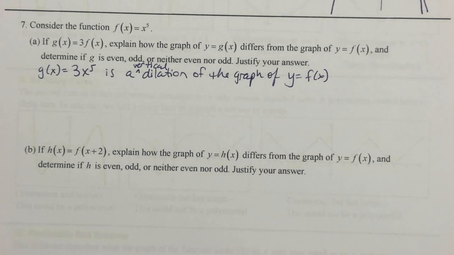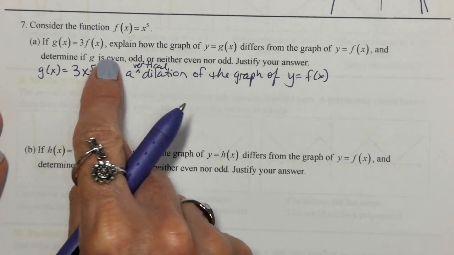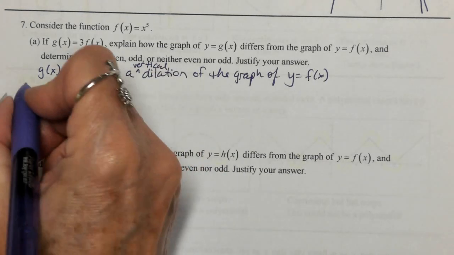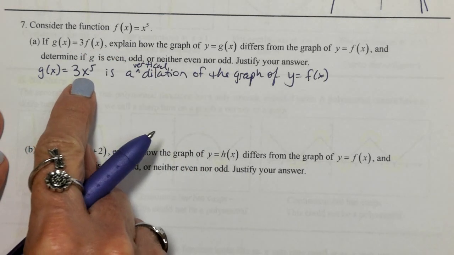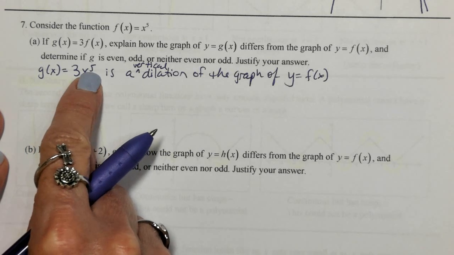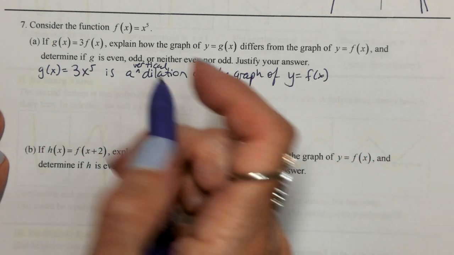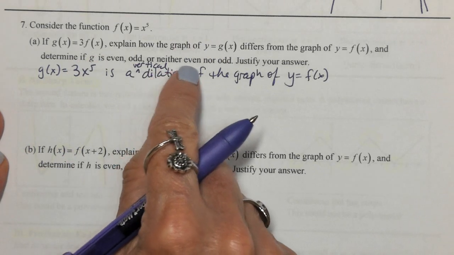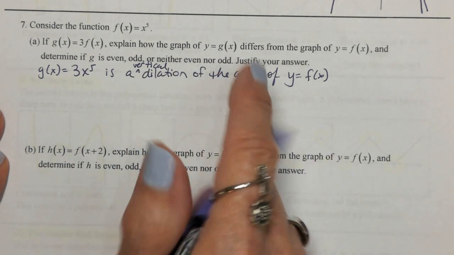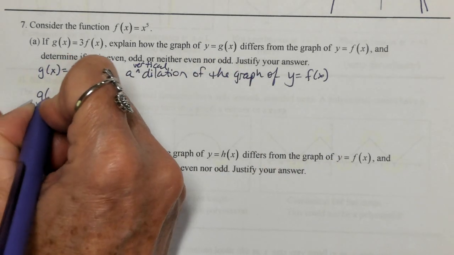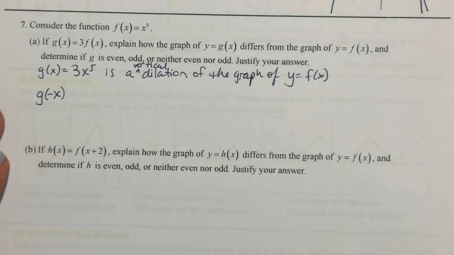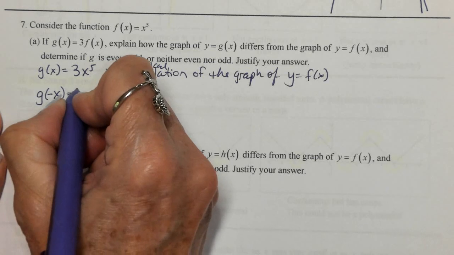It's a vertical dilation. Okay, now we're going to determine, is g even, odd, or neither? Well, g is 3x to the 5th. How do you determine if a function is even, odd, or neither? You find what is g of negative x. You replace every x with negative x and see what you get.